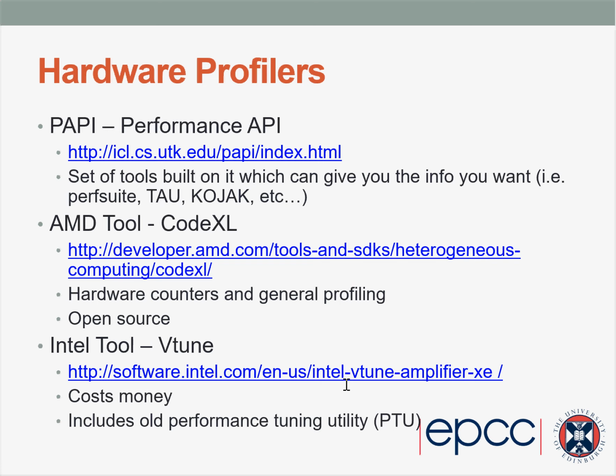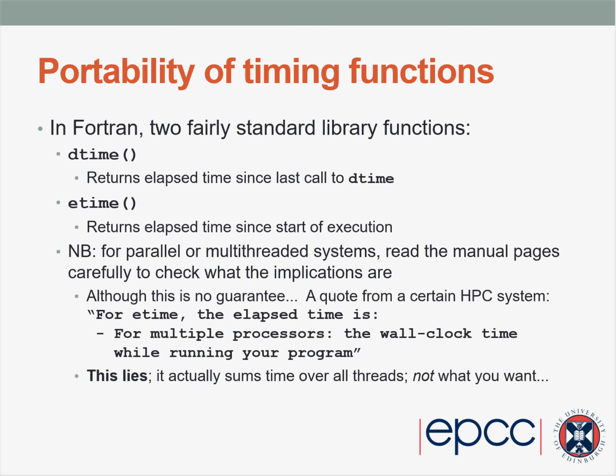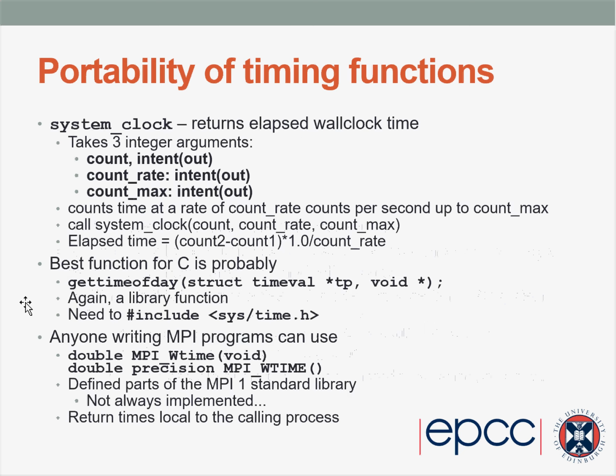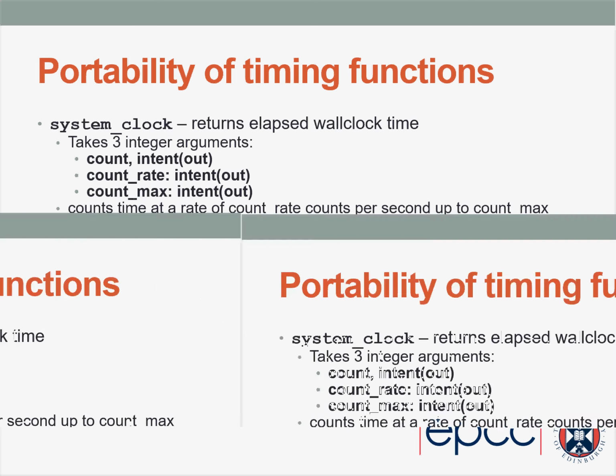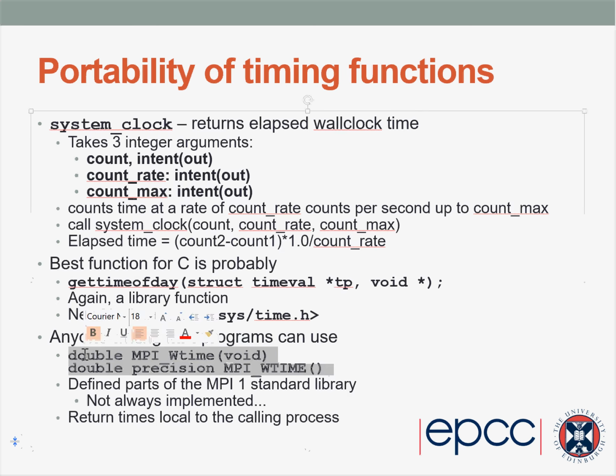And then, of course, you can do your own profiling, i.e. adding timers inside code directly to work out exactly what time is being spent in different parts of a program. So you can use things like dtime and etime in Fortran, system clock or gettimeofday in C, or things like MPI time can be quite useful if you're writing MPI programs, in parallel programs.